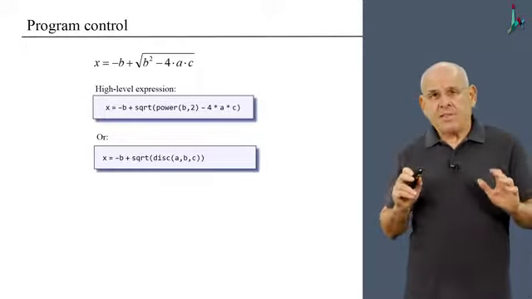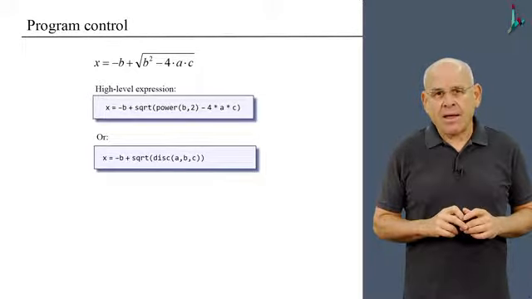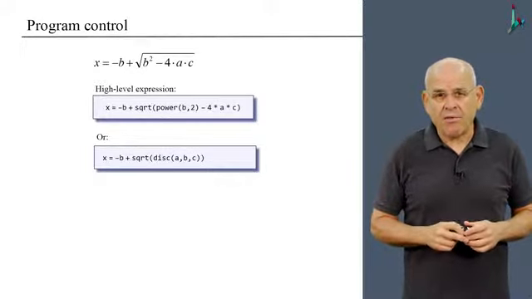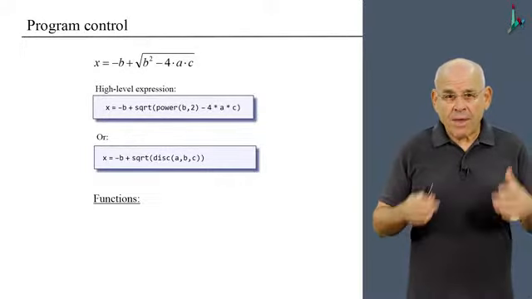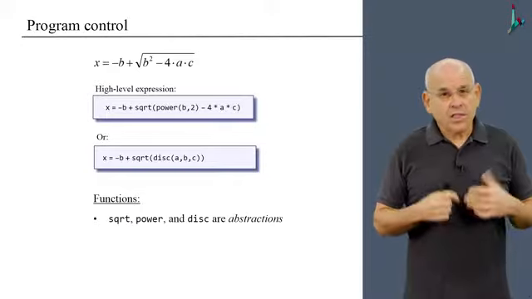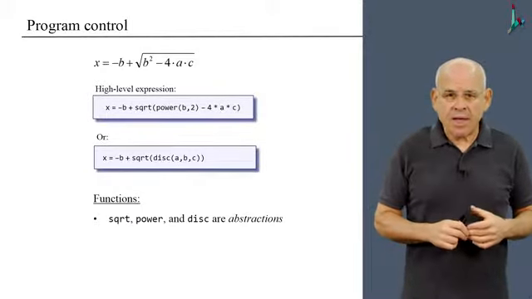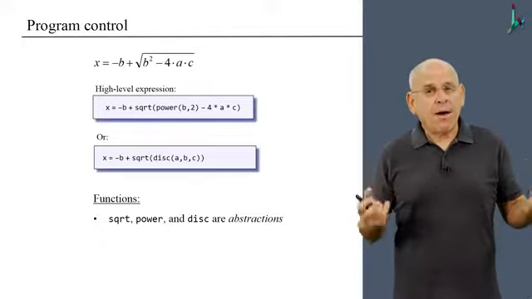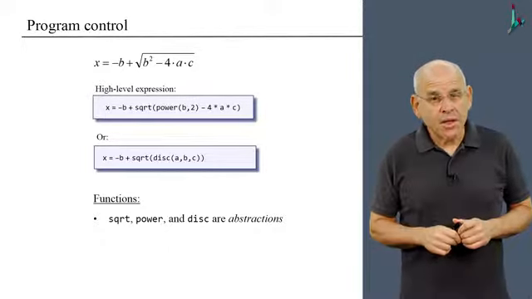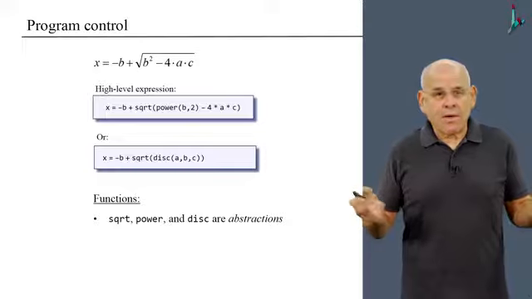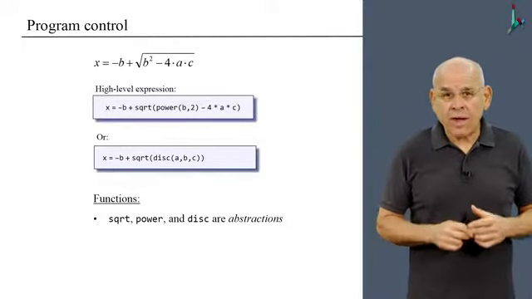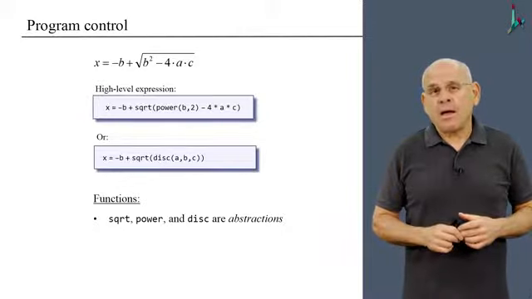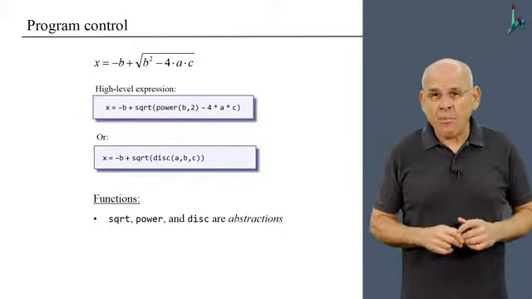So let's step back and see what we're doing in a greater perspective of programming theory. Well, square root, power, and disc are abstractions. They are not part of the basic language, right? The basic language, whether it's Java or Python or whatever, has a limited syntax and a limited repertoire of commands.